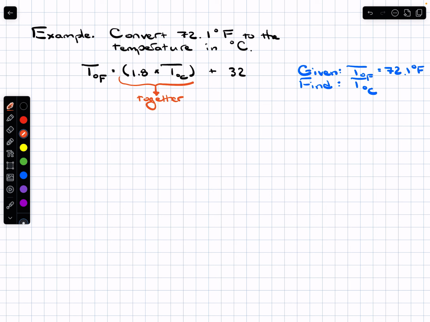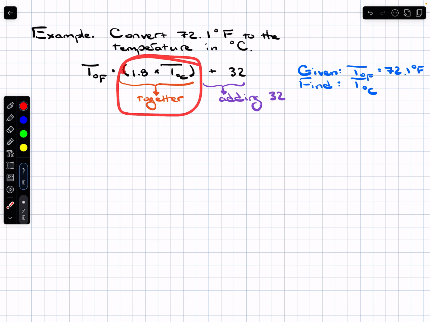And to that, we're adding 32. So the first thing we're going to do is to get rid of that 32 so we can get this, which is together, by itself.